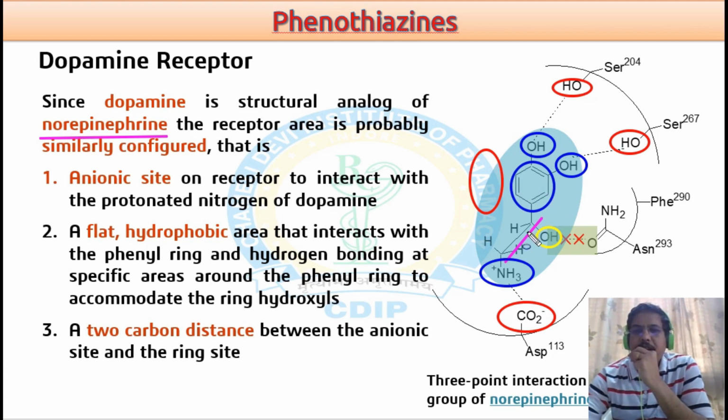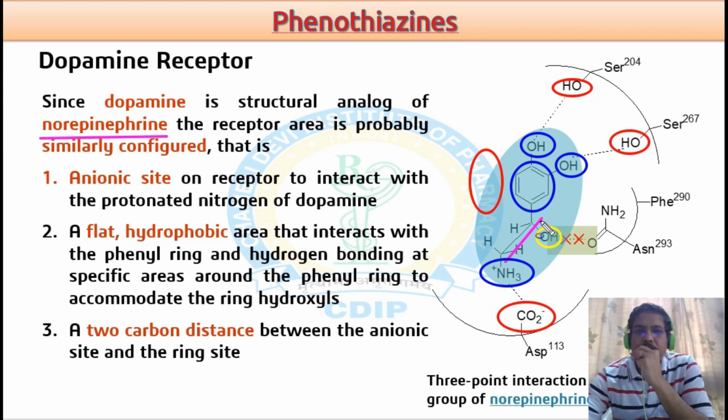And if you look at that, the distance of this hydrophobic zone to this cationic zone is the linker, which is again a 2 carbon distance.